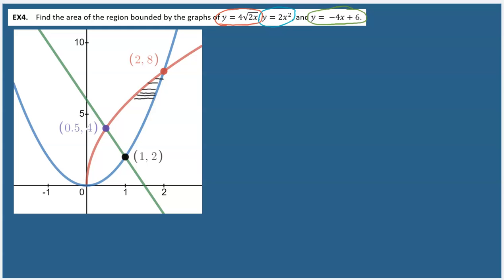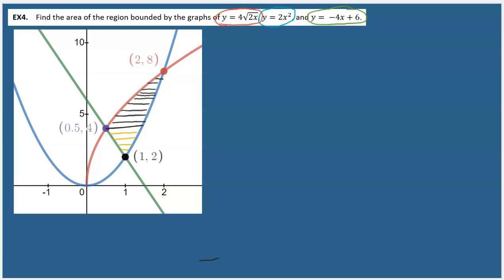But what we need to do when we are drawing those rectangles is to think about what happens when you get here. You see right there, you would have a different height to your rectangle because they would be formed by a different set of functions. Down there, you are looking at these rectangles right here.